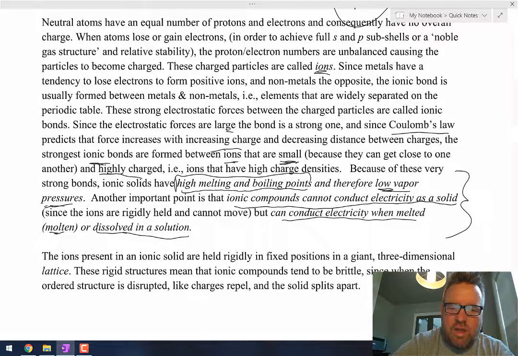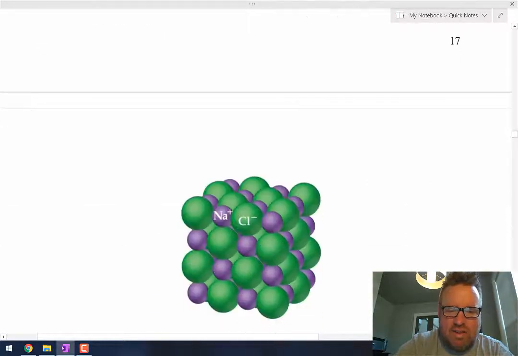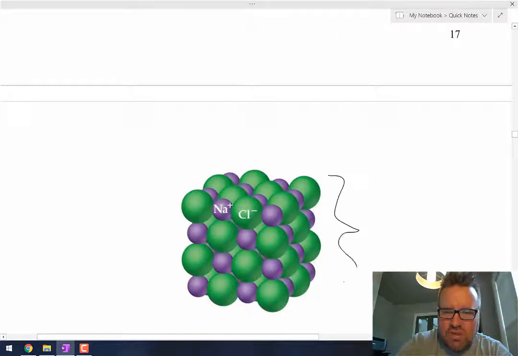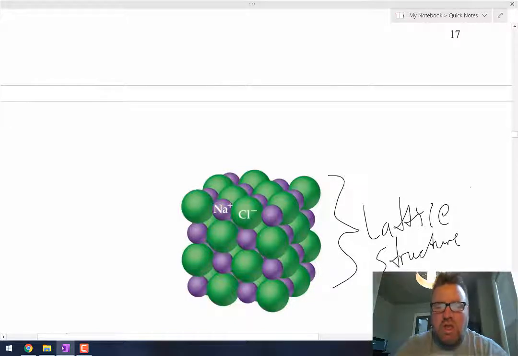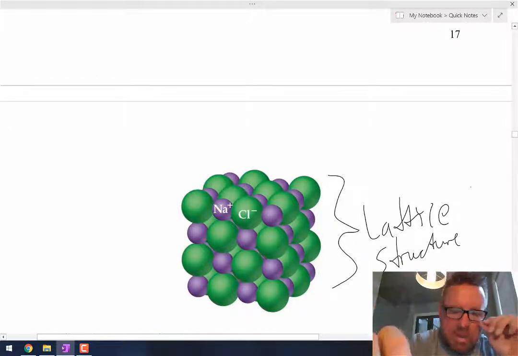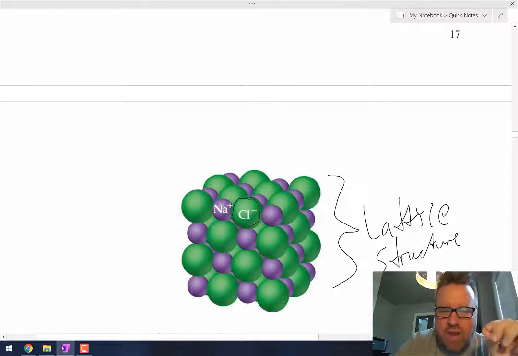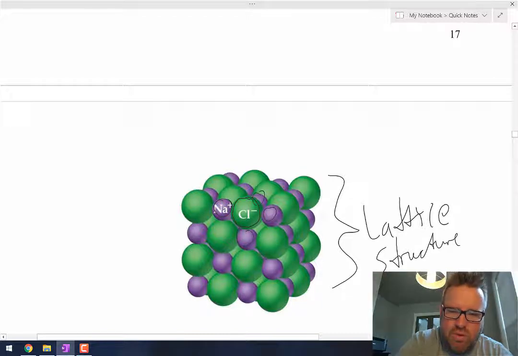Another thing about ionic compounds is they're held together in a very large structure called a lattice structure. In a lattice structure, you can see this is partially why they have such high melting and boiling points. This chlorine, for example, is surrounded not by one sodium, but by 1, 2, 3, 4, and if there's another one on top, 5, there could be another one on this side, 6.